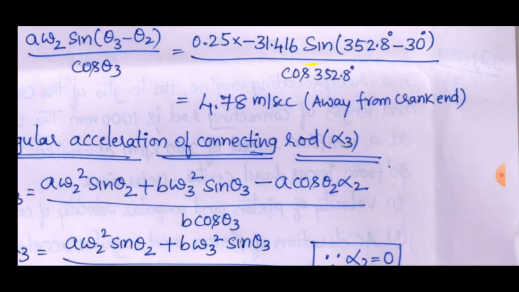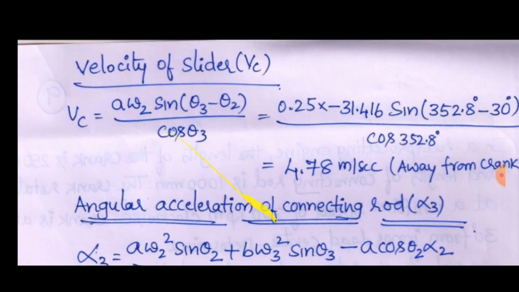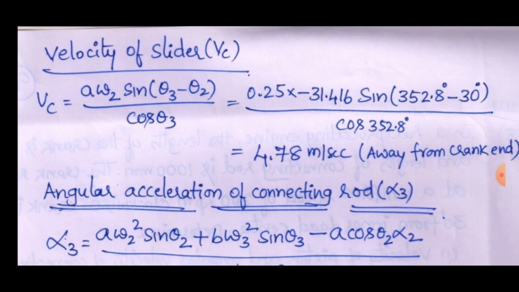Next, after finding the angular velocity of the connecting rod, find the linear velocity of the slider or the piston, that is VC, using the same formula: a omega 2 into sine of theta 3 minus theta 2 by cos theta 3.